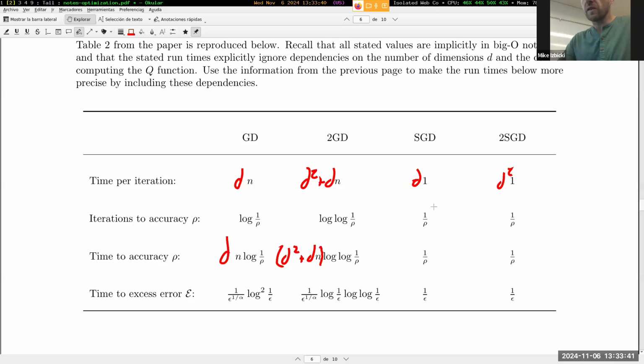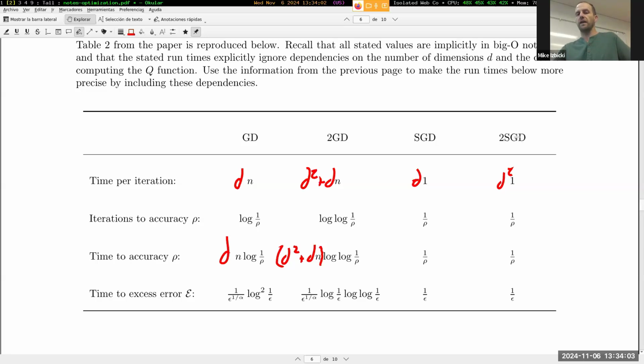One of the interesting things is that when you go from gradient descent to second order gradient descent, you get this extra log factor in your number of iterations. So second order gradient descent requires many, many fewer iterations than gradient descent. That turns out not to happen with stochastic gradient descent.